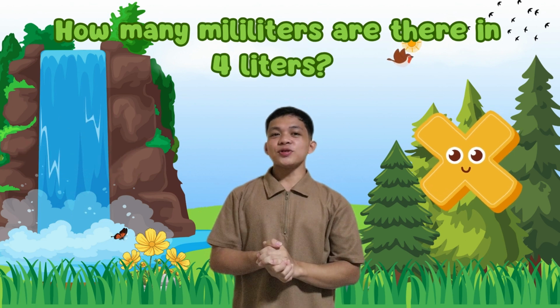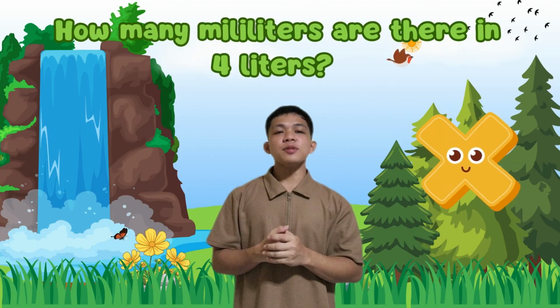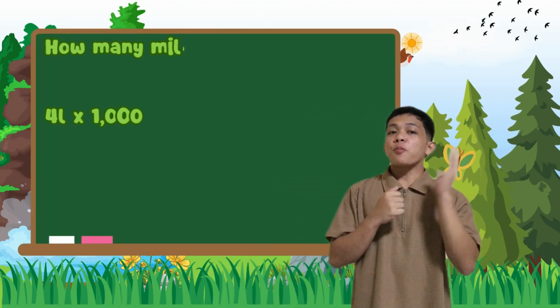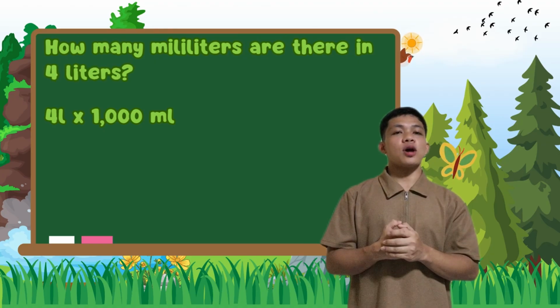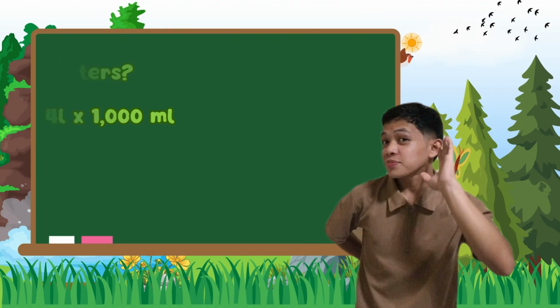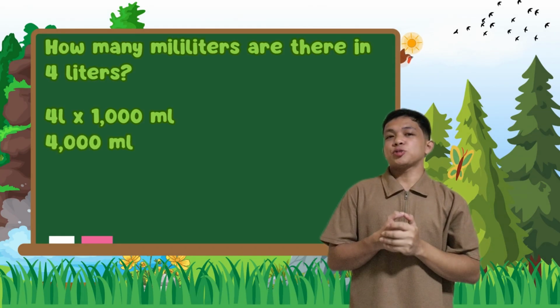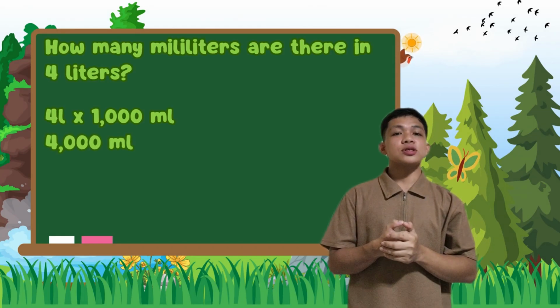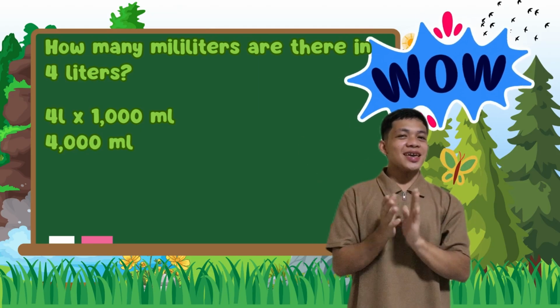We are going to use multiplication, to convert liters to milliliters. Let's multiply 4 liters times 1,000 milliliters is equal to... Another correct. It is 4,000 milliliters. Kids, you are amazing. Yay!